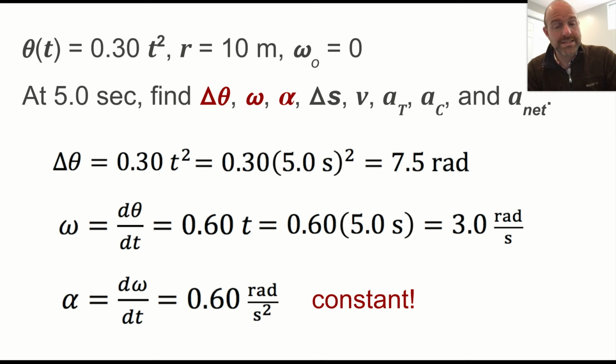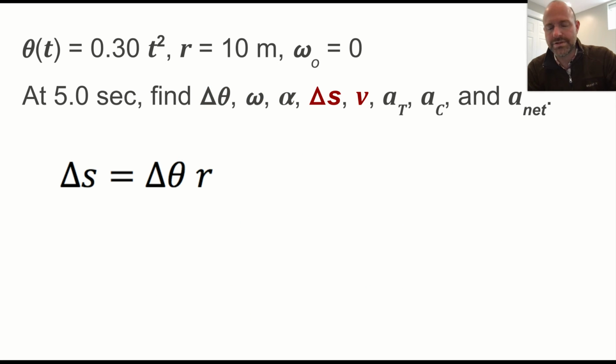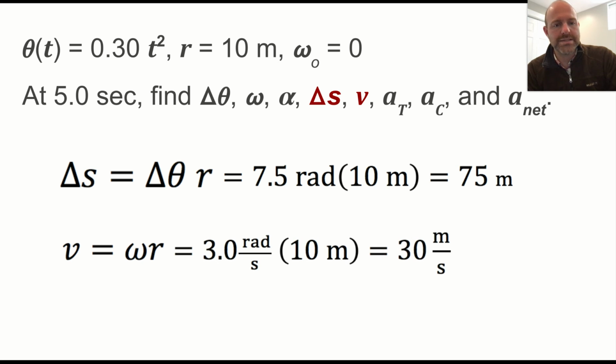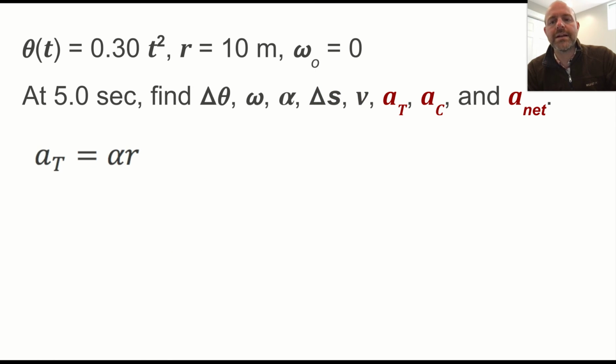So we have a constant angular acceleration, which means all of our kinematics relationships for angular kinematics will apply, which is great. If we want to convert to displacement along the arc, so linear displacement, we get about 75 meters. We can do that for linear velocity, 30 meters per second, tangent to the circle at that point in time. Then we can get on to acceleration.